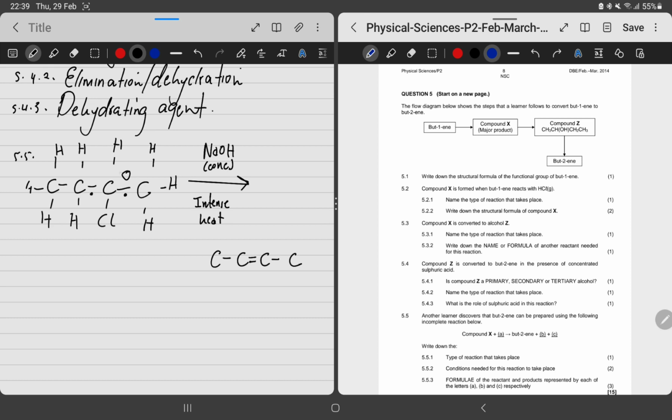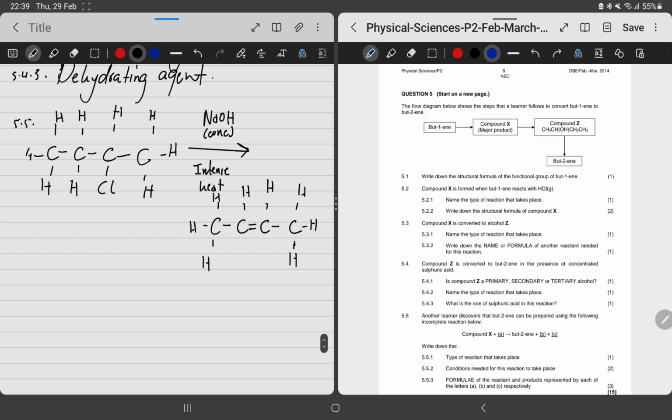But the double bond can't be there according to Zaitsev, because this carbon has more hydrogens than that one. So the double bond must come there. Okay, so now we are going to have that, which is the but-2-ene that we are given there.